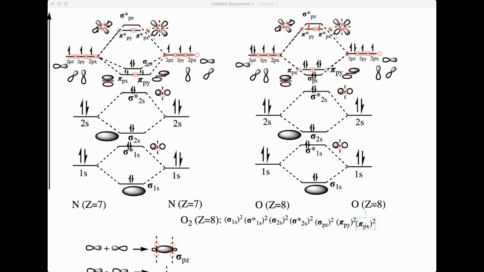Whenever we have elements with an atomic number of 8 or larger, and then we have pi antibonding.